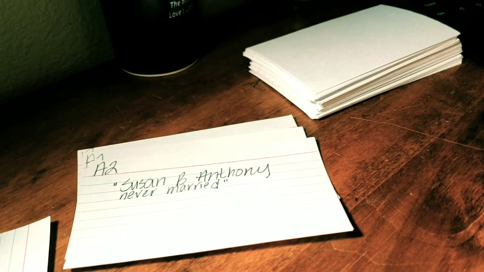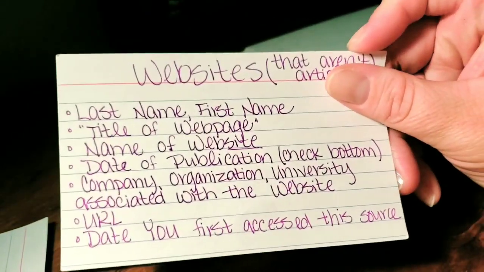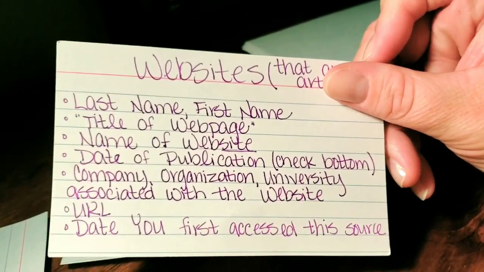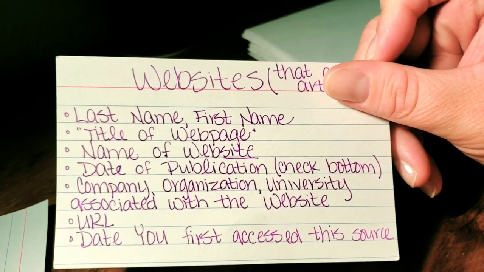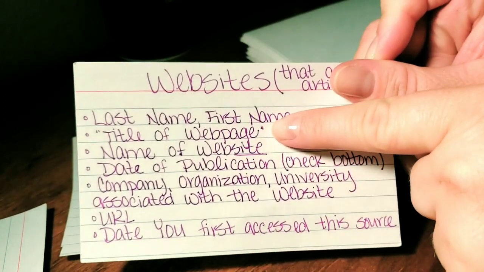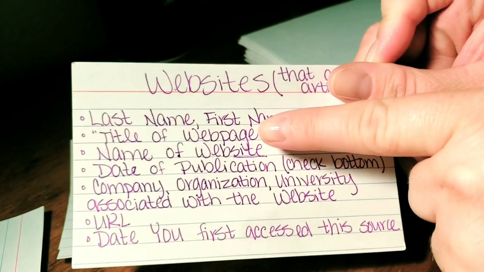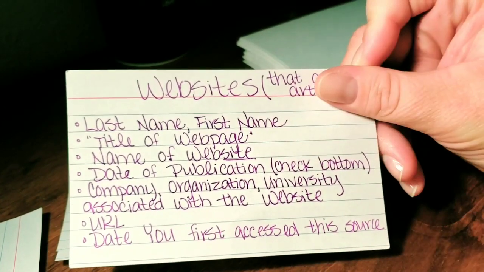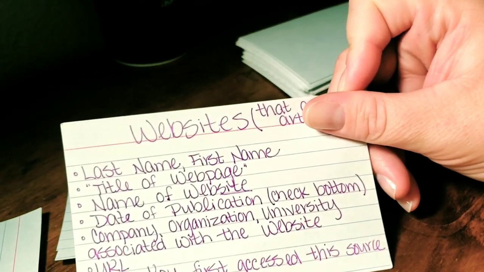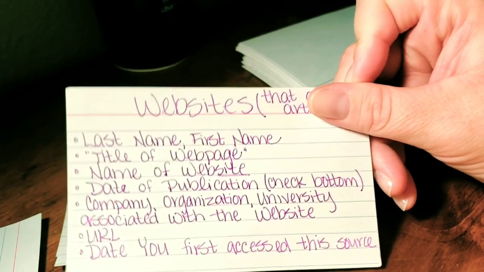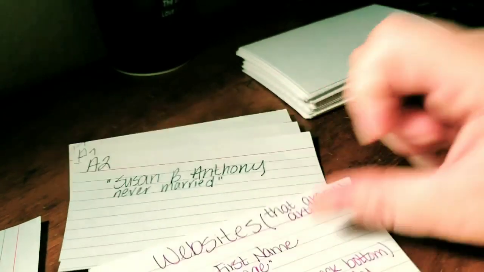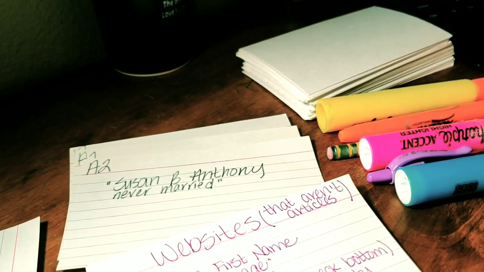There are a whole bunch of different pieces of information on websites that we don't usually look at because we just search up a website, go to it, and read it. So when you're looking at the title of the web page, that's going to be the big title going across the front that is specific to that particular page and more than likely specific to your paper. So let me show you an example of what I'm talking about.